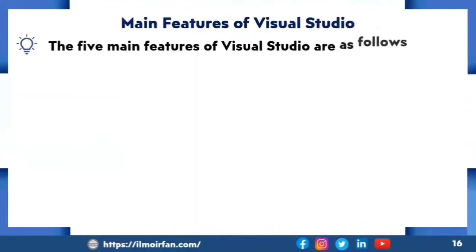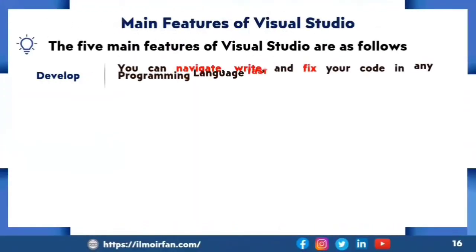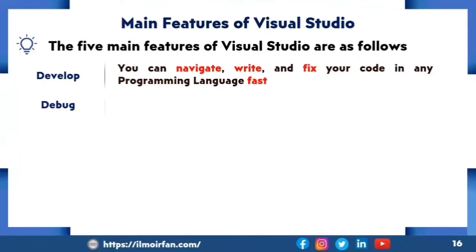Now I will present main features of Visual Studio. The five main features of Visual Studio are as follows. Number one, develop. You can navigate, write, and fix your code in any programming language fast. Second feature of Visual Studio is debug. You can debug, profile, and diagnose with ease.